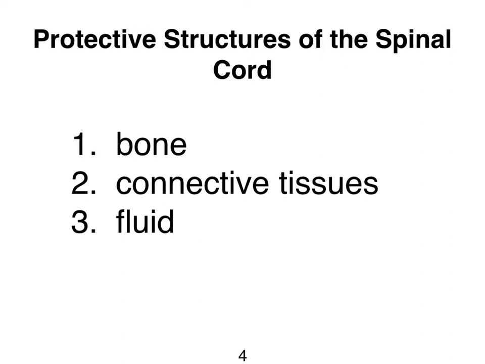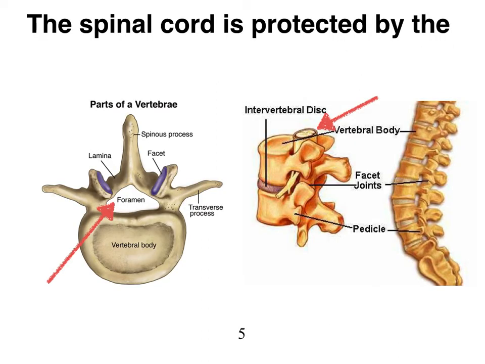So first, let's talk about the location of the spinal cord. Most importantly, you should know that the spinal cord is located inside the vertebral column. This is the stack of several dozen vertebrae that go up and down and form the spine. Now, if you take one vertebra, such as on the left, you can see that there is a hole in the middle of it called the vertebral foramen.